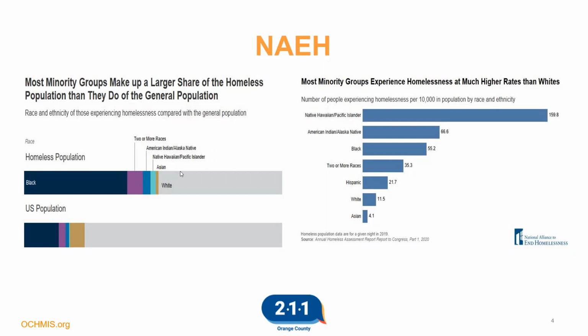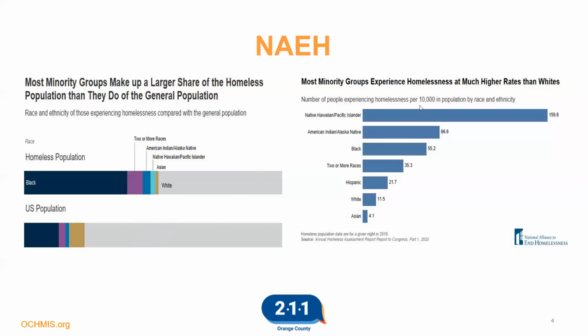I'm having a hard time seeing the white. Oh yes, this whole gray bar is white. Oh, okay, got it. Thank you. So in the US population, this whole gray section is white, and in the homeless population, it's this. So white clients are less represented in the homeless population than the US population. Thank you. Sure.